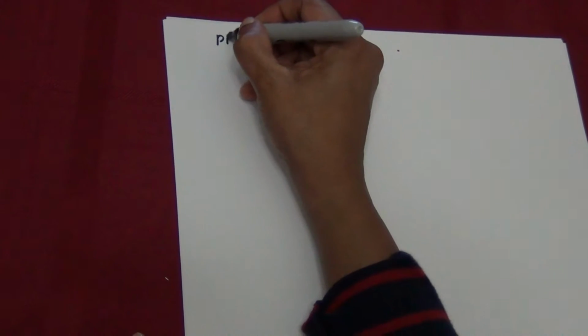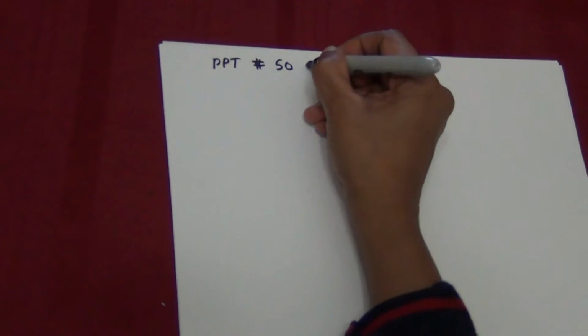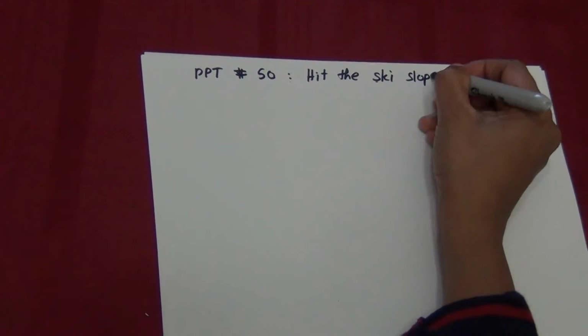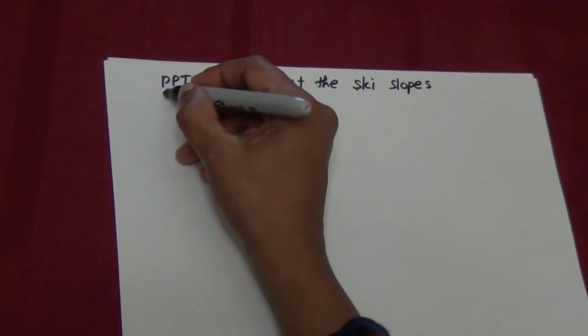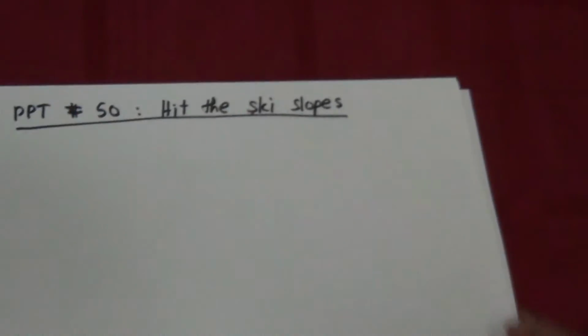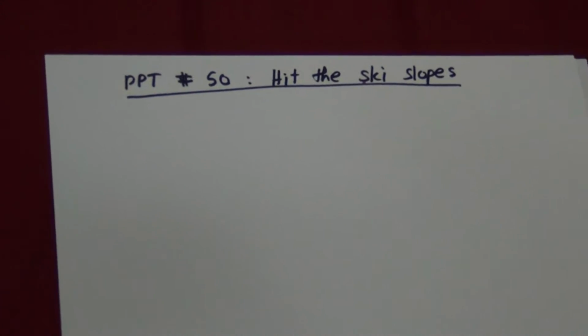So this is PowerPoint slide number 50. The title of the problem is hit the ski slopes. So as earlier, you can pause this video, go and read the problem. You can see the image or the diagram and then come back again, right?